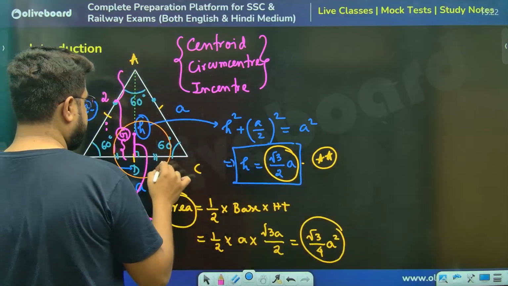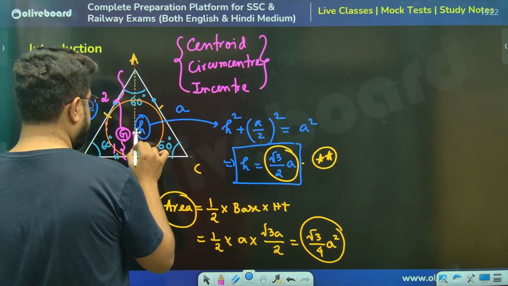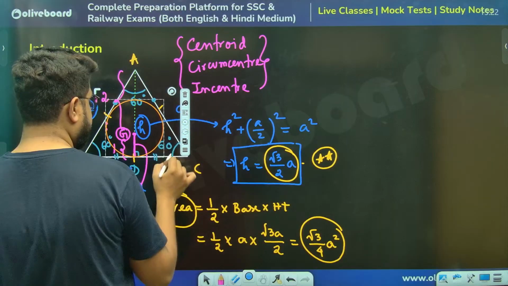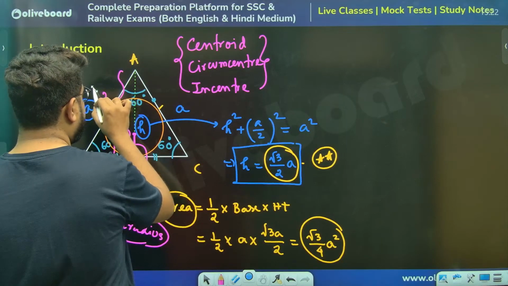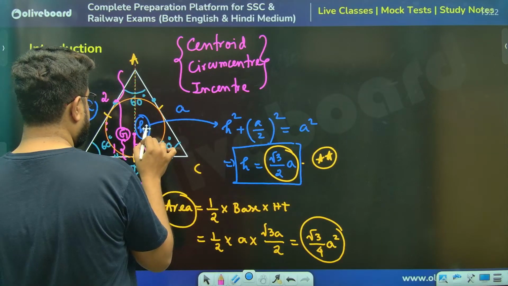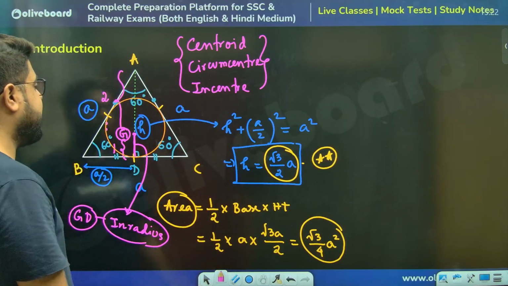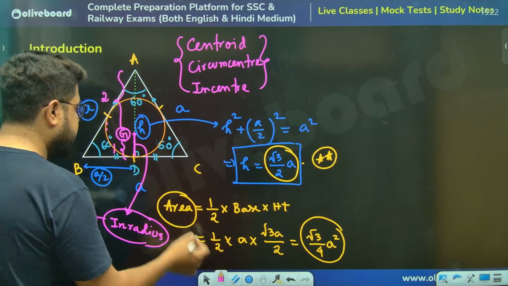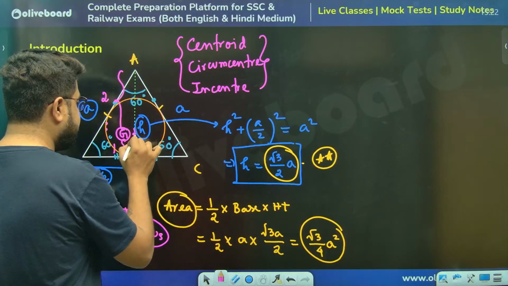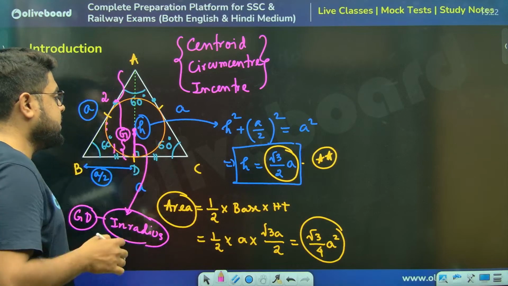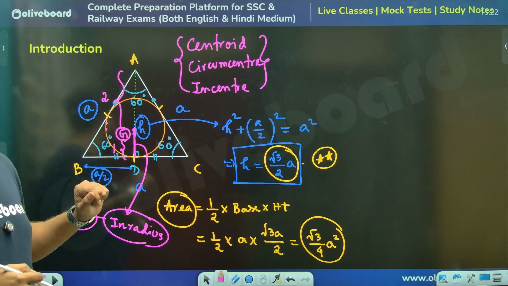Let's see if I can make it stick. It's not that bad. So this is your inradius, sir. Let's extend this a little. This is your inradius.